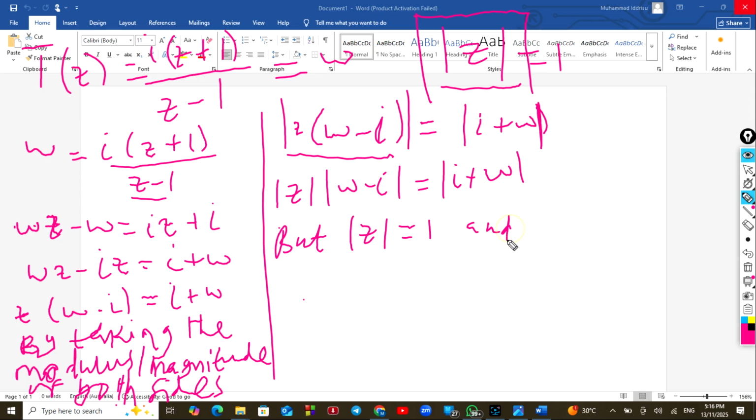Let the complex number w be equal to, let's say, x plus iy.